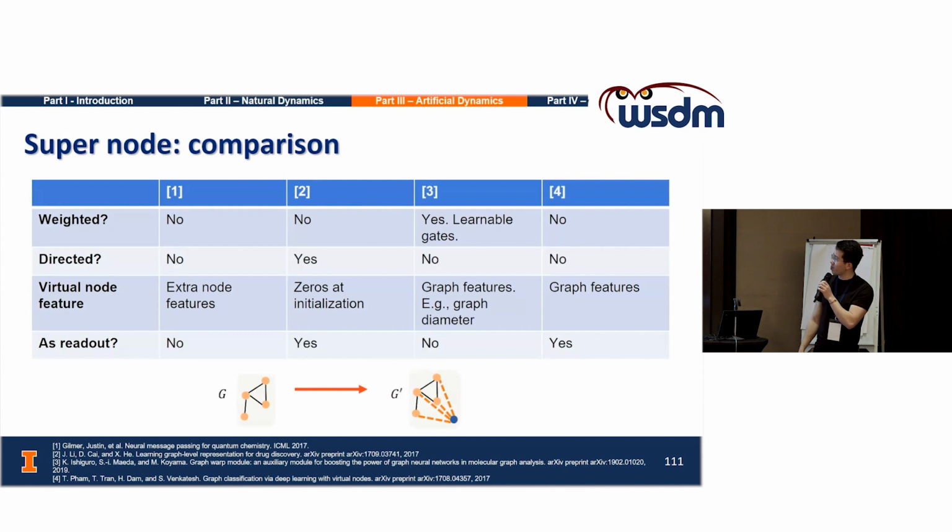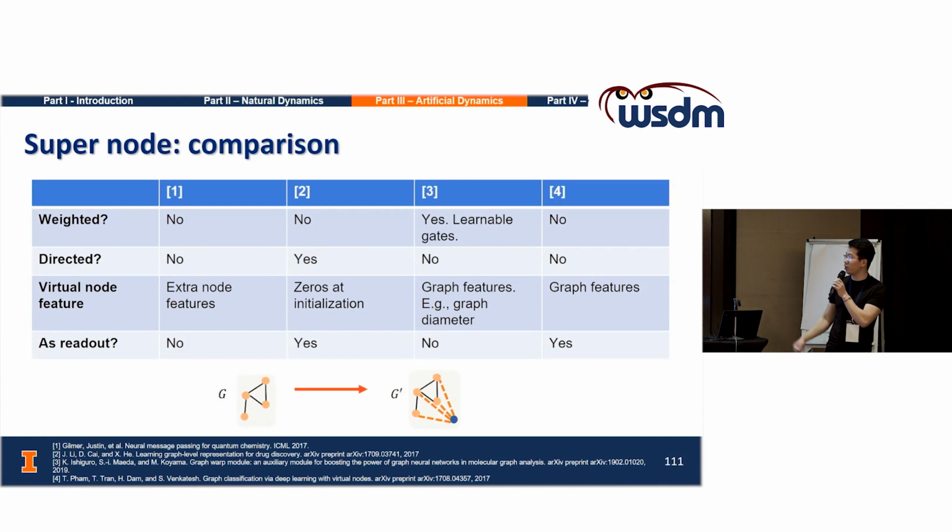Only related work 3 sets the link between the supernode and the original node as weighted, and they try to learn this weight with a gated function. And related work 2 sets the links between the supernode and the original nodes as directed. The specific direction is from the original node to the supernode. And this is a very smart design.